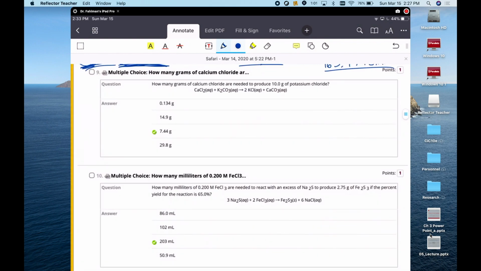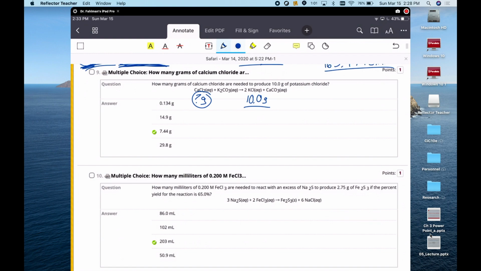This one: how many grams of calcium chloride are needed to produce 10 grams of potassium chloride? So you have 10.0 grams, and how many grams of this? Again, our usual step is to figure out from grams to moles.